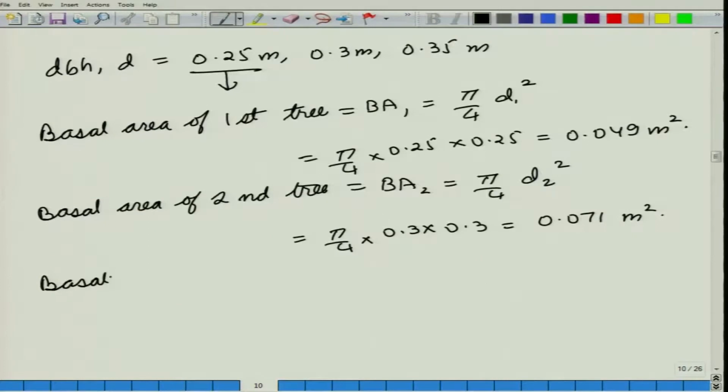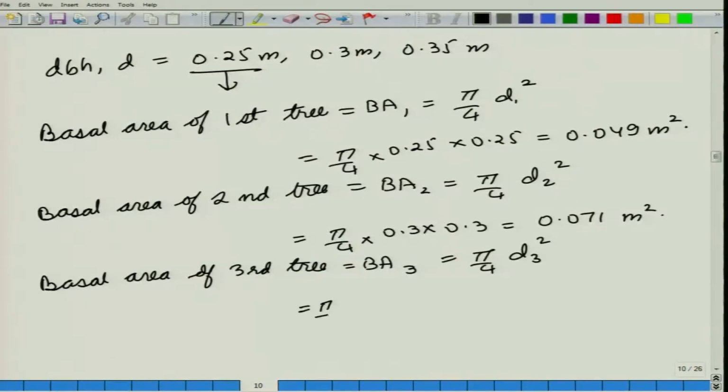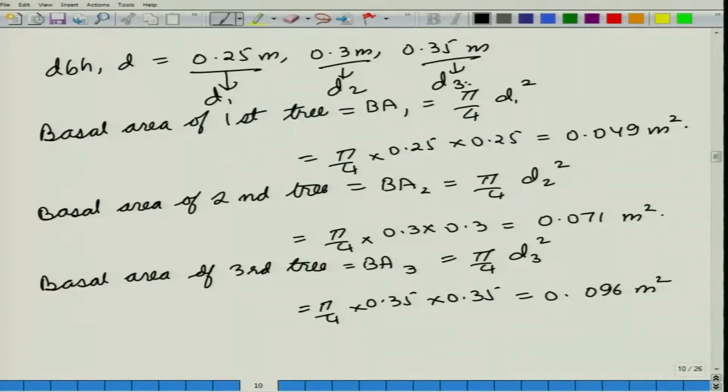And the basal area of the third tree, or BA3, is given by pi by 4 d3 square, which is pi by 4 into 0.35 into 0.35, equal to 0.096 square meters. So now we have calculated the basal areas of all these three trees. As you can see, all these three basal areas are given in the units of square meters.